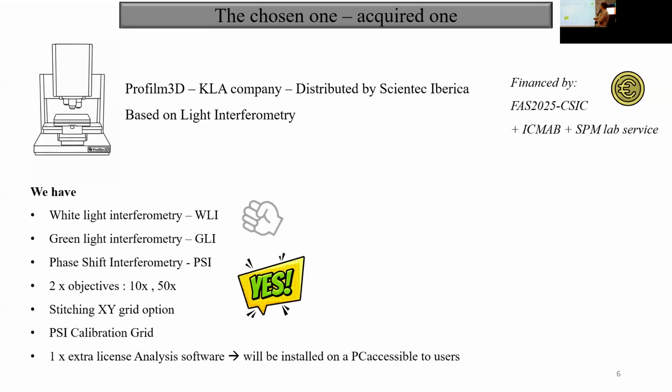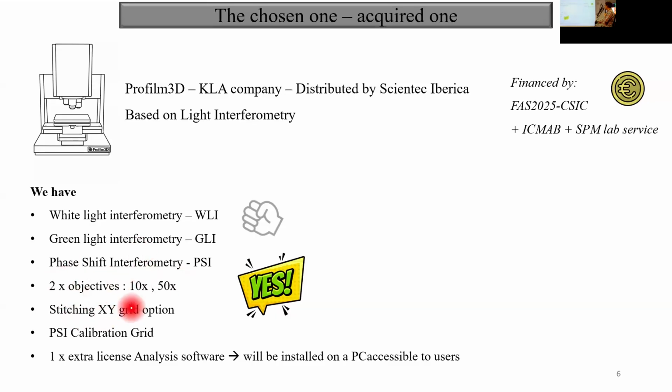What we got is light interferometry with white light and green light, and this phase shift interferometry, which is very interesting for very thin or small height measurements below 300 nanometers, I think. And we have 2 objectives.